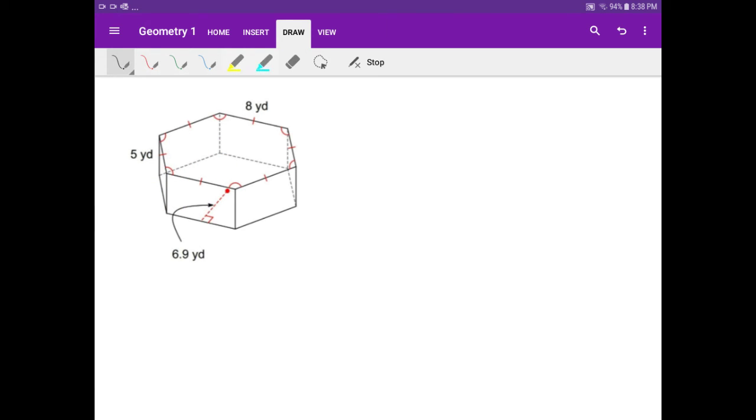So surface area equals perimeter times height plus 2B. So your perimeter, the way we get perimeter, there's 6 sides.